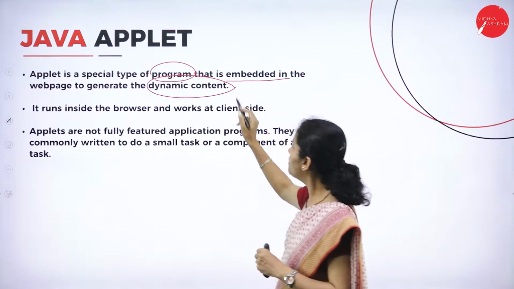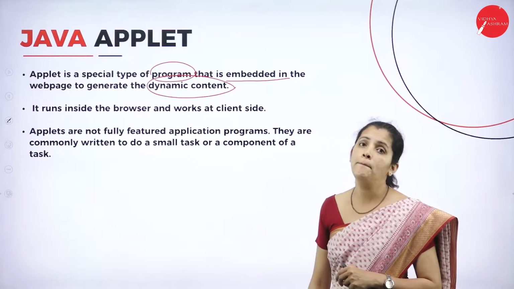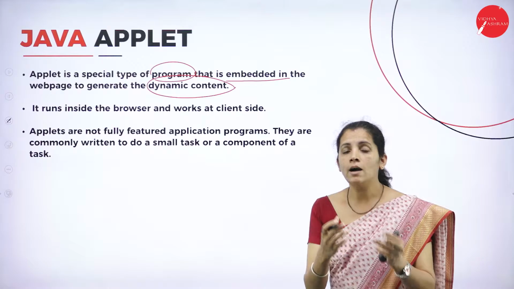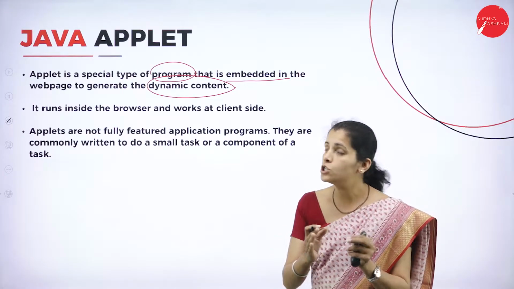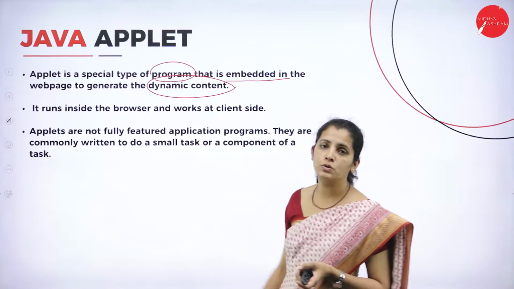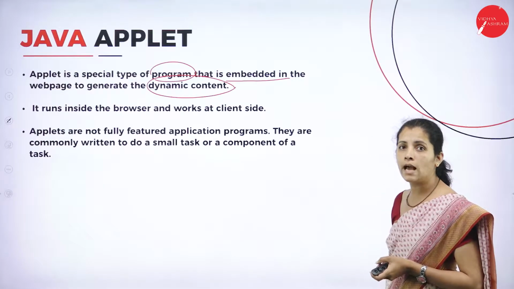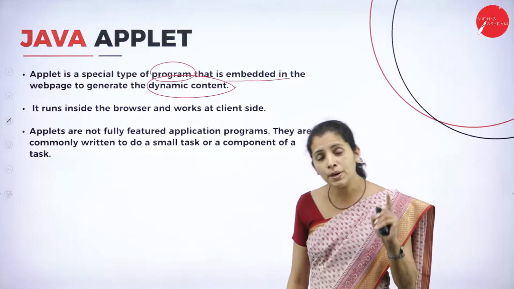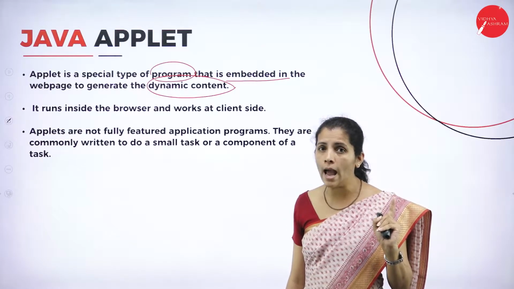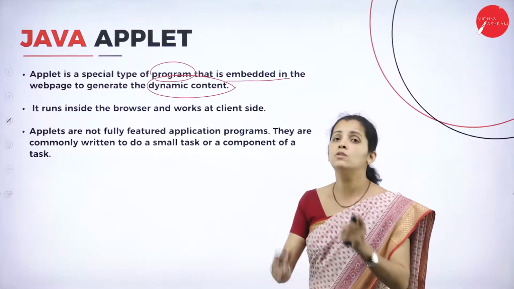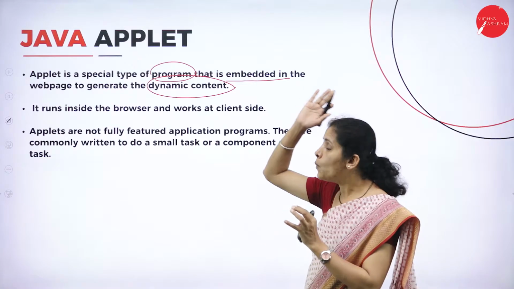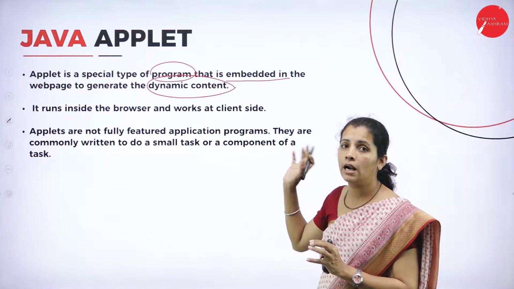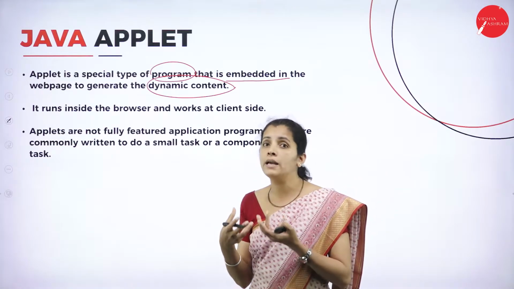When I talk about a website as well as a web page, there are certain times I want to display dynamic content. In that situation, I'm going to make use of applet. Applets are nothing but these special small programs, and I'm going to embed those programs in my web page to generate the dynamic content. So what is this dynamic content?